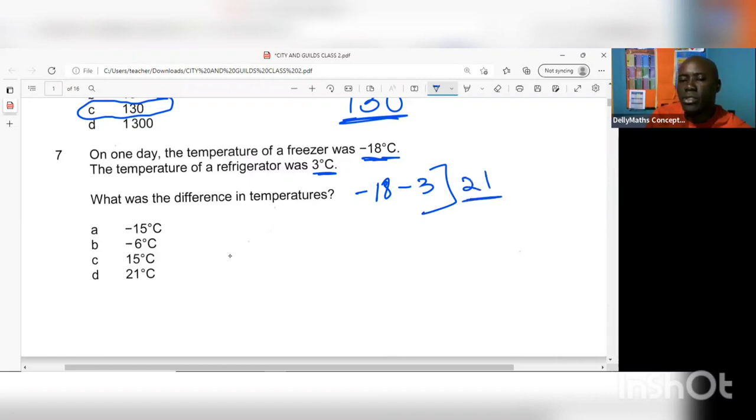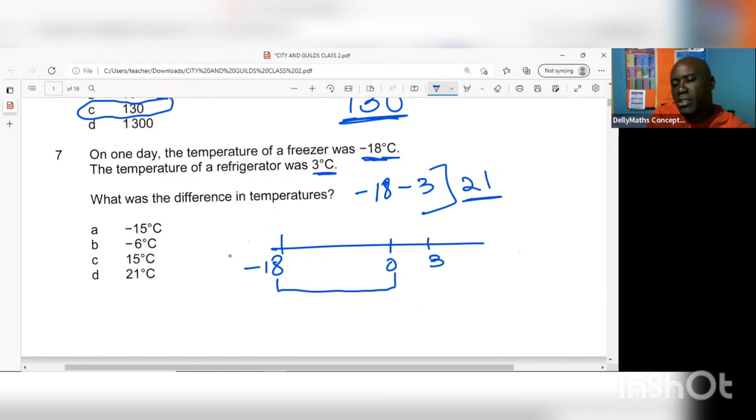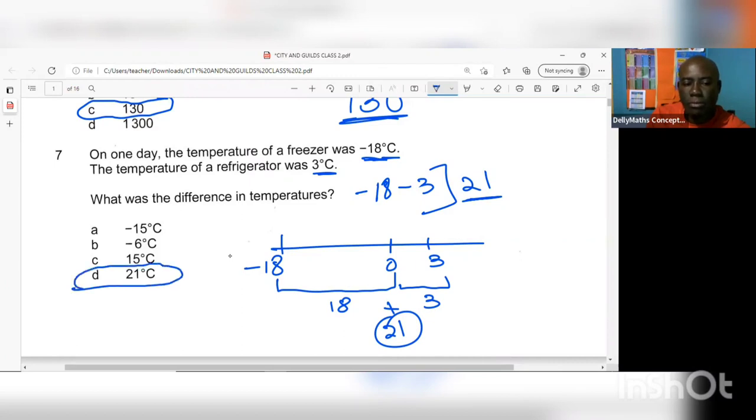It's a case where we have negative 18 to 0, which is 18 units, and then from 0 to 3, that's 3 more units. So a total of 21 units.